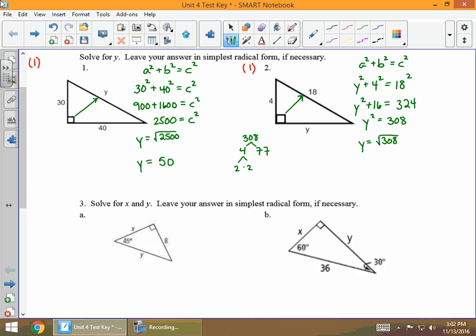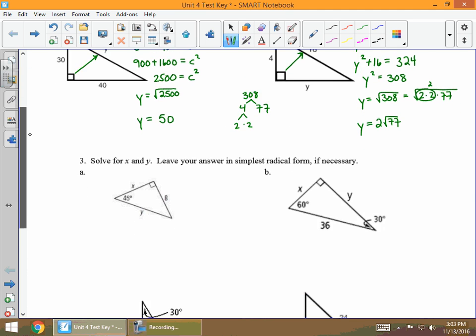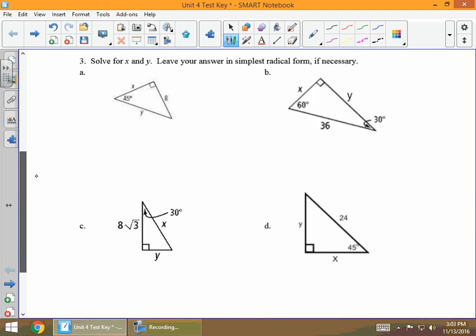So when I reduce that radical 308, this is 2 times 2 times 77. Remember, it has to come out in a pair of 2's. So there's a pair, so a 2 makes it out. Nothing else does. So y is equal to 2 on the outside, radical 77. And that would have been the other half of a point. All right, let's jump down to question number 3 then.